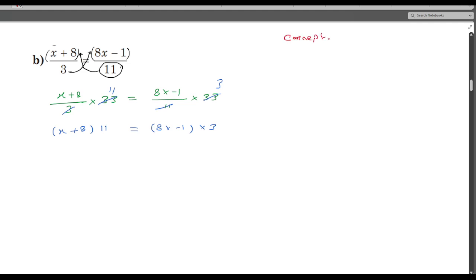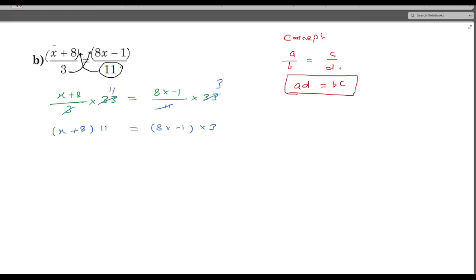Now the concept you can consider is that if a divided by b is equals to c divided by d, having different denominators, so you can say that AD is equals to BC. This AD is equals to BC comes from the basic idea that multiply both the sides by LCM of denominator.